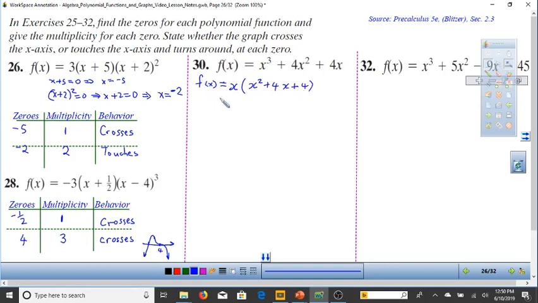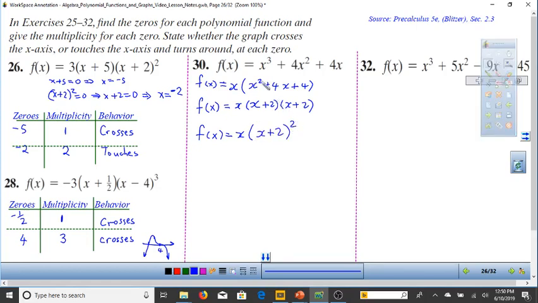I continue factoring that. I get f of x equal to x times x plus 2 times x plus 2. And that gives me x times x plus 2 squared. So now we have the function f of x is equal to x times x plus 2 squared.